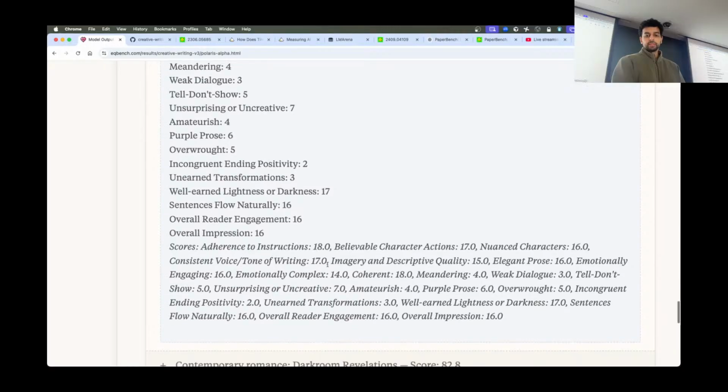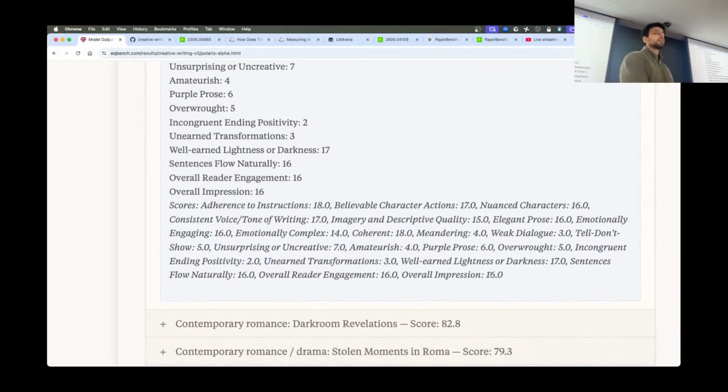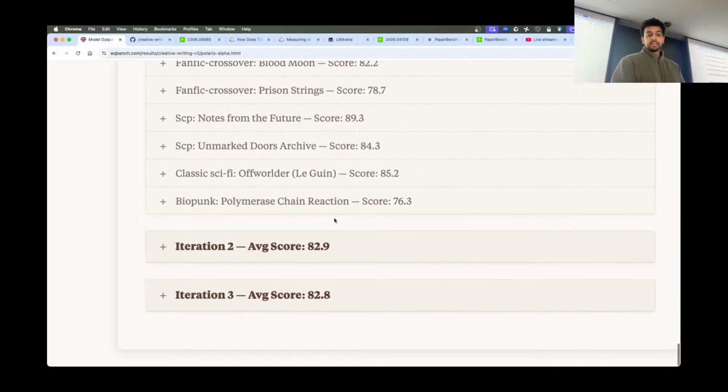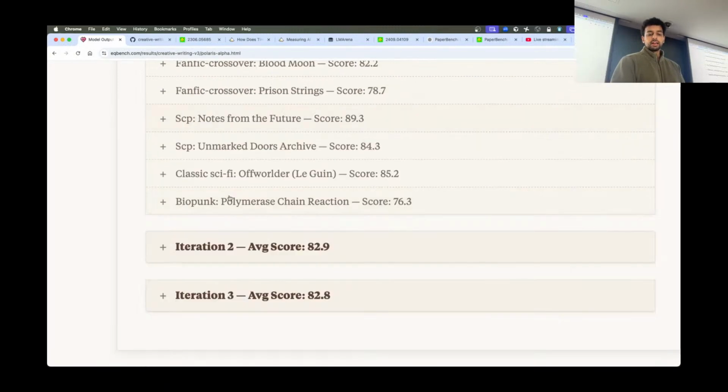I guess it gets a score for each of these, and then somehow that score is aggregated to get a single rating of the story. This is then done for many different stories, and all of the scores are averaged together.